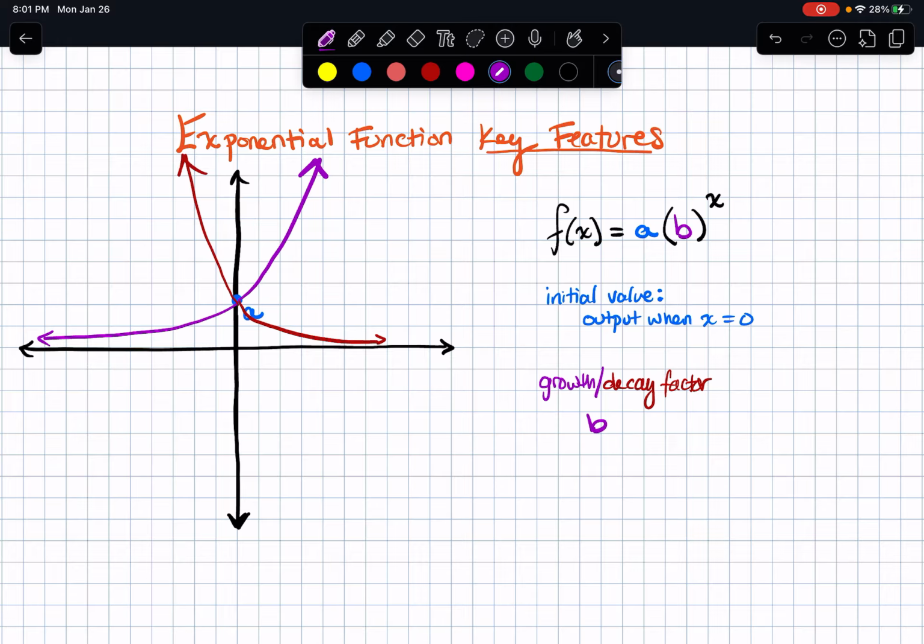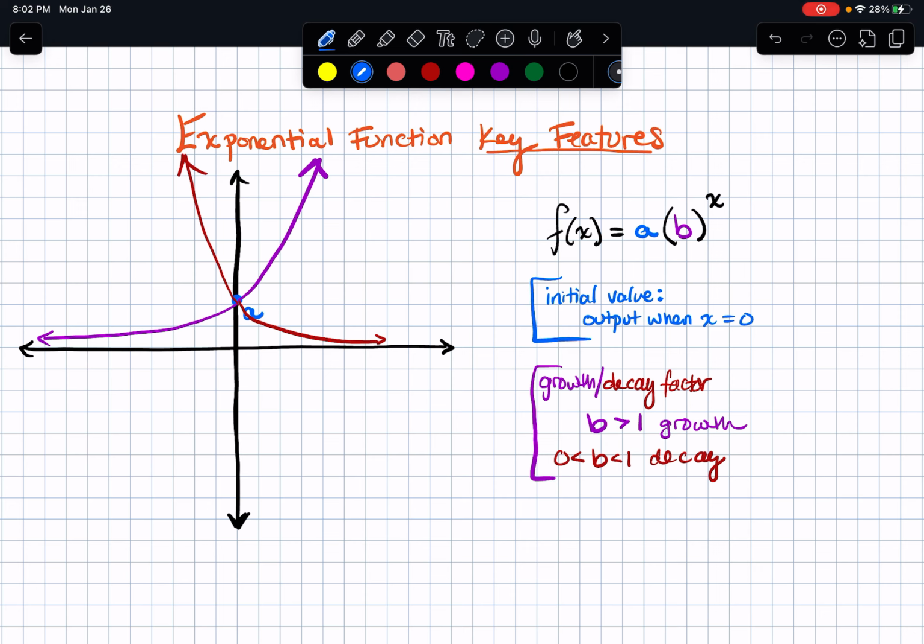When b is greater than 1, we have growth. If b is between 0 and 1, we have decay, because we would be multiplying by a fraction and therefore getting smaller over time. So far, these are the basic concepts we remember from Algebra 1.